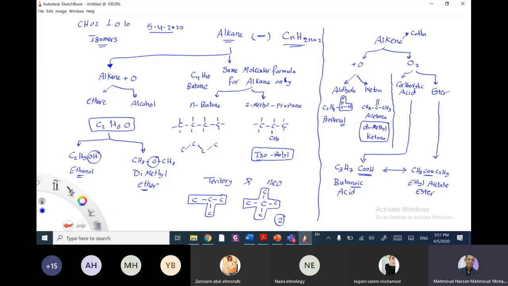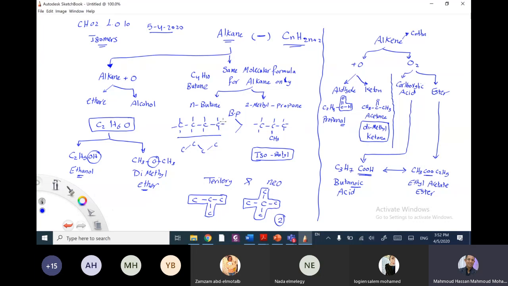As the number of carbon atoms increases, the molar mass of the compound increases and the boiling point of the compound increases. So we'll find the boiling point of n-butane is greater than 2-methylpropane, although they are isomers. Why? In this case we return to the longest carbon chain.